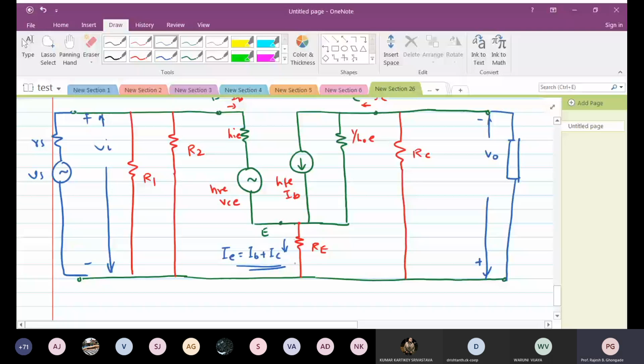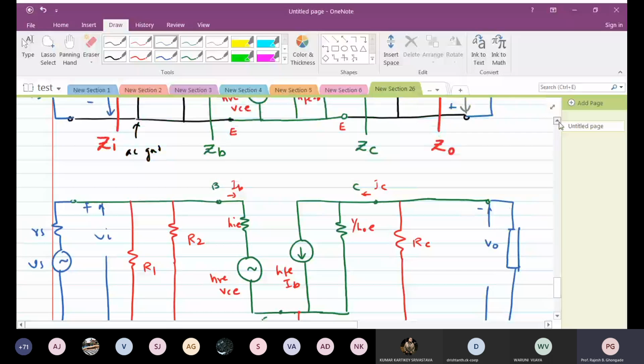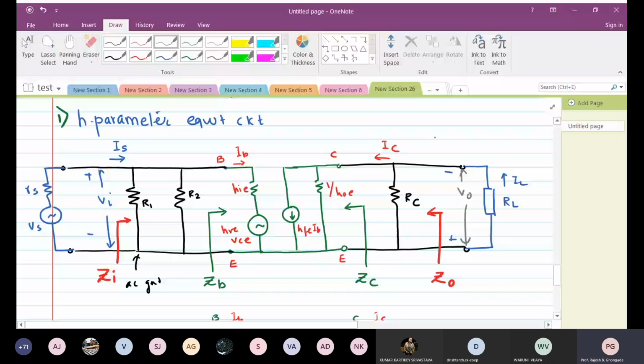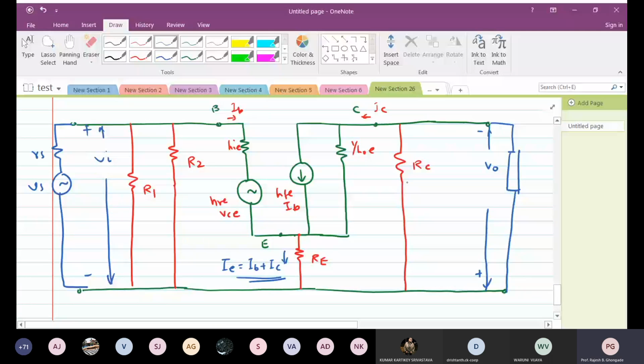So what we have seen here is there are two variants now: the H parameter equivalent with bypassed RE and the H parameter equivalent with unbypassed RE. Please revise these two diagrams and the AC equivalents before we start tomorrow.